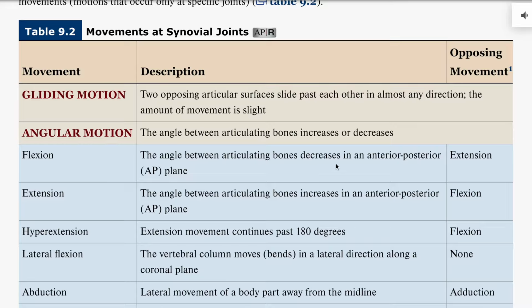So we've taken this really wordy definition, angle between articulating bones decreases in an anterior posterior plane. Whew, that makes no sense to us when we first read this, right? But when we walk through it and use words that we're more familiar with, it makes a lot more sense. So you can see that when we flex, we are decreasing that angle.